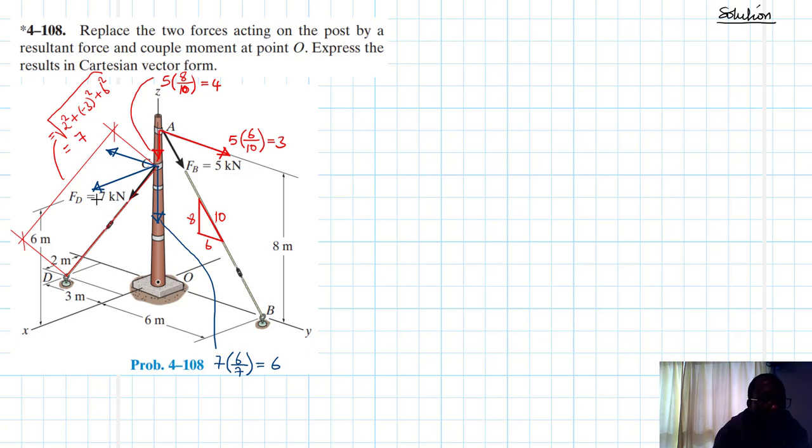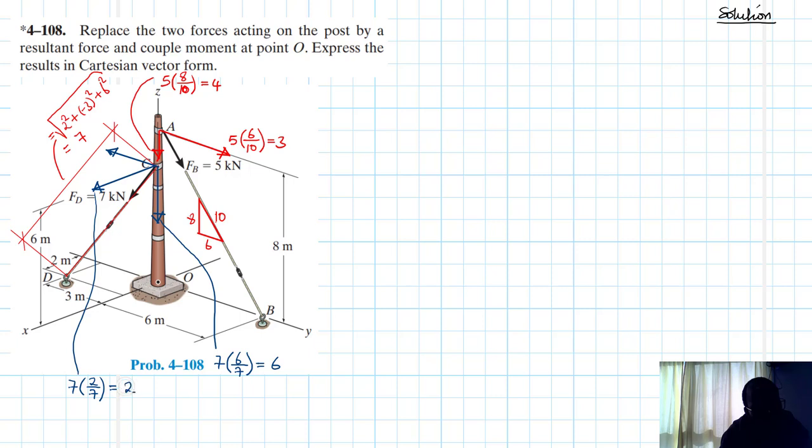And then we have this other component, which is a 7 times the component in the x, which is a 2 divided by the hypotenuse or the magnitude of the line CD.